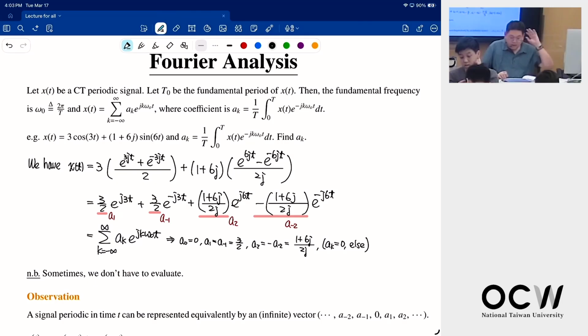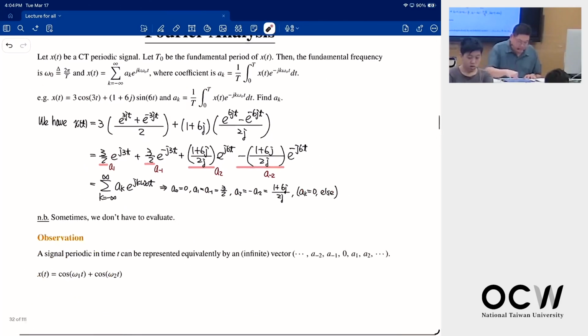So for this example, sometimes you don't have to really do the inner product or the integration. By observation, you can get the coefficients.